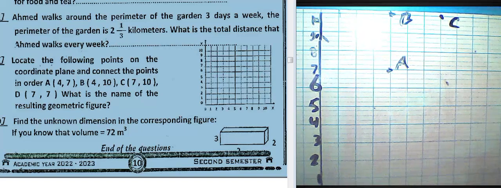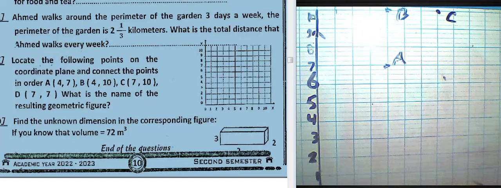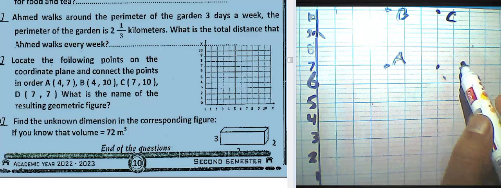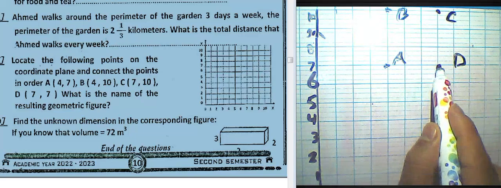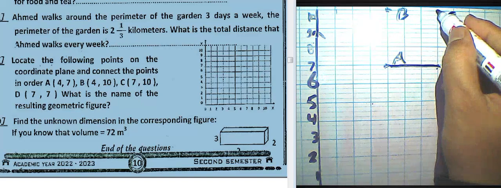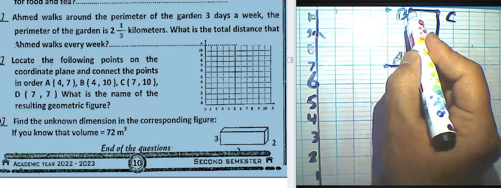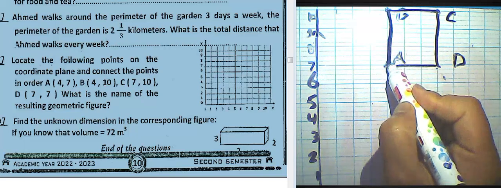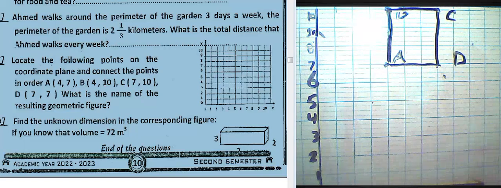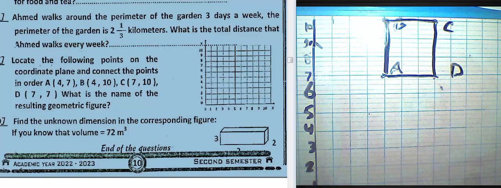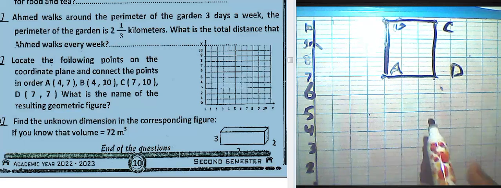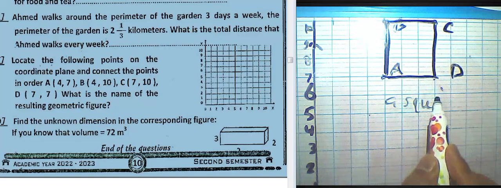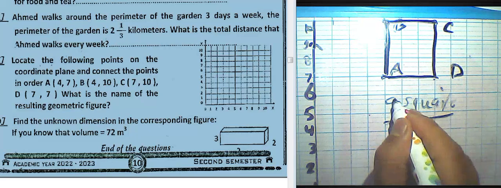And then 7 and 7, D here we have. The shape here is a square because all sides are equal in length. We call it what? Square.